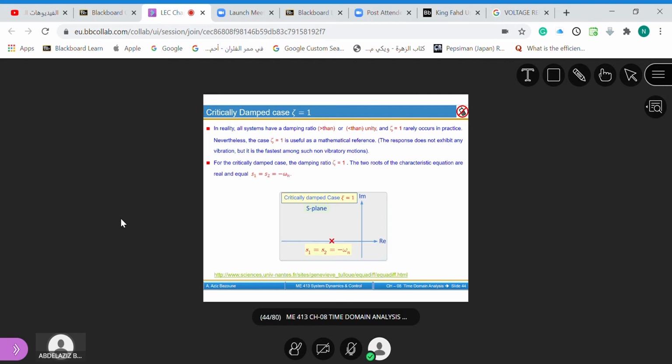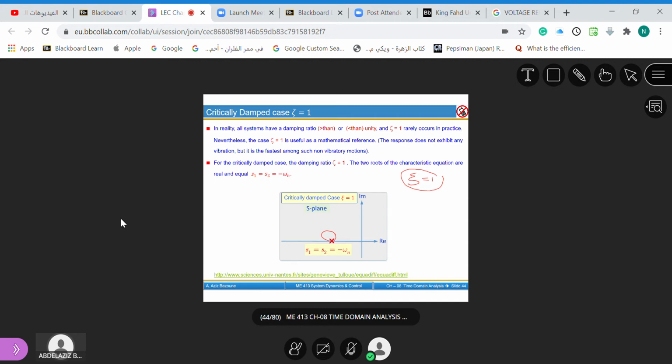Now the critically damped system, when zeta is equal to 1. The system is critically damped, and we have seen that in this case we have two equal poles, S1 equal to S2 equal to minus zeta omega n.